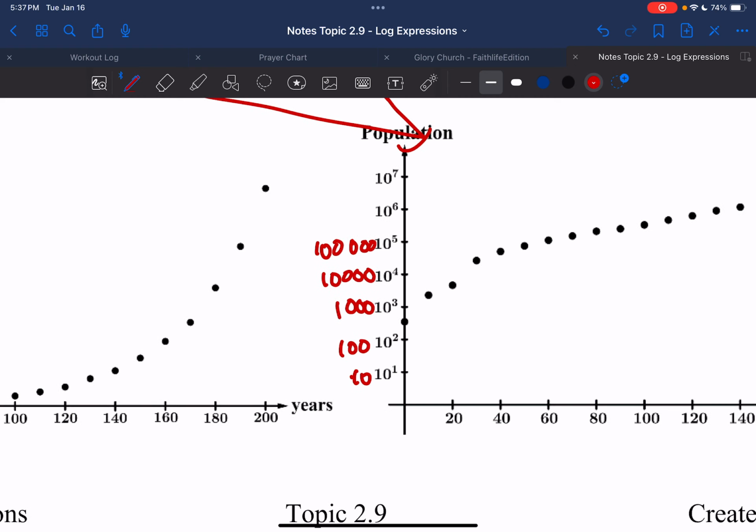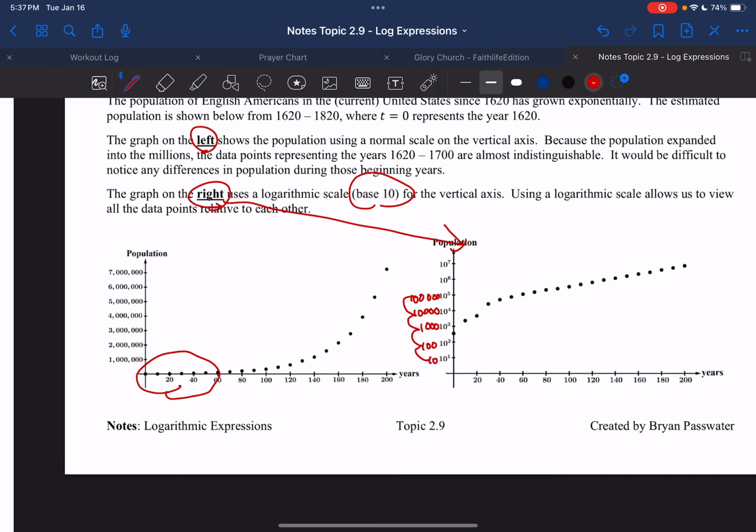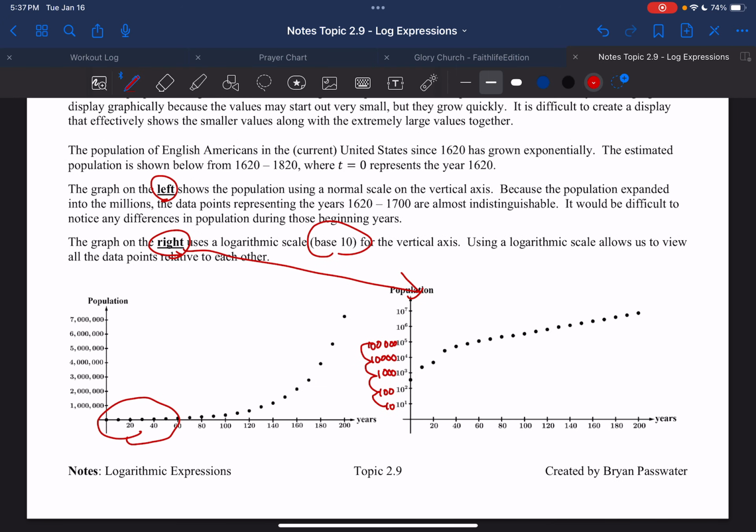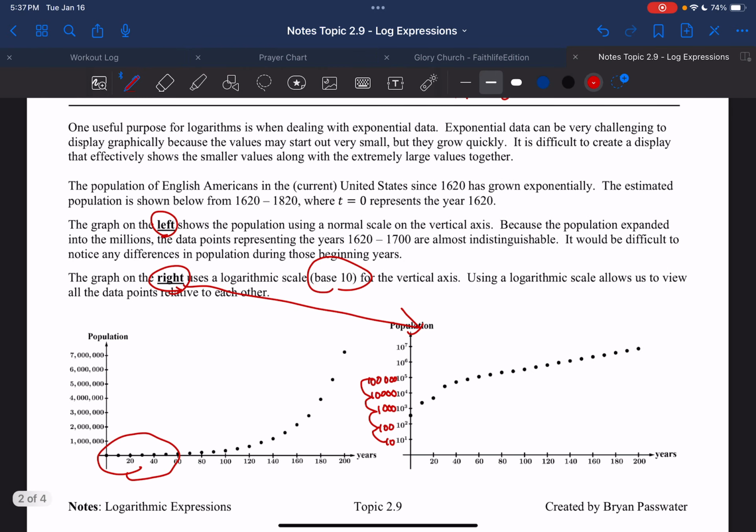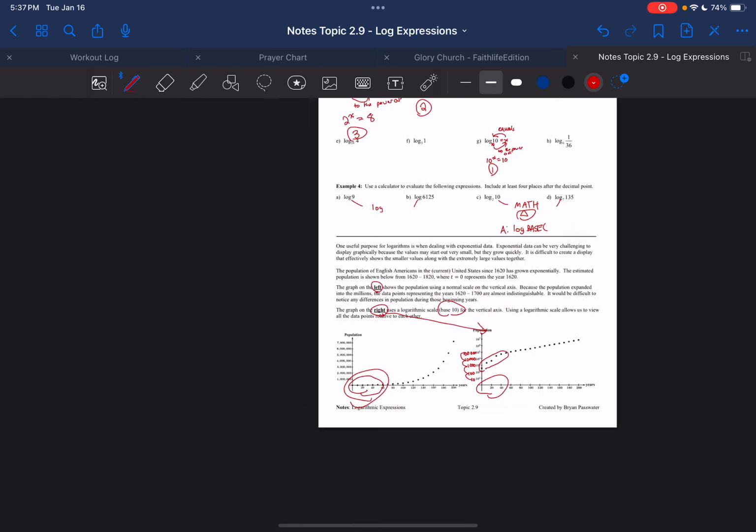So the jumps are not exactly equal, but they're equal in base 10. Using a logarithmic scale allows us to view all the data's points relative to each other, right? Like now I can see here on the 200th year and be able to distinguish from these front parts. Like all these parts that I'm circling here, compared to the two. Notice how much easier it is when we use a logarithmic scale.